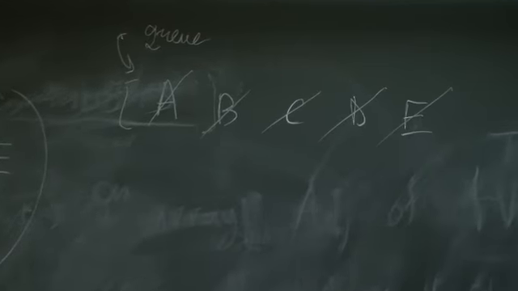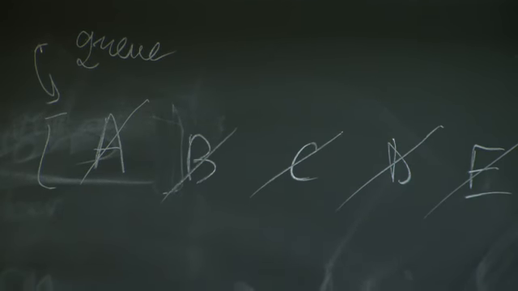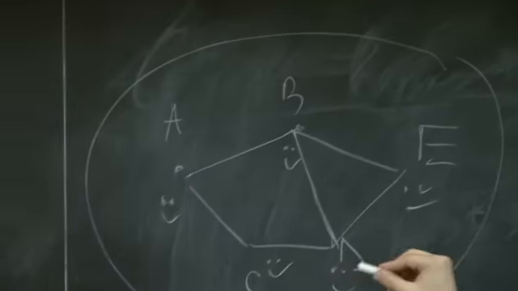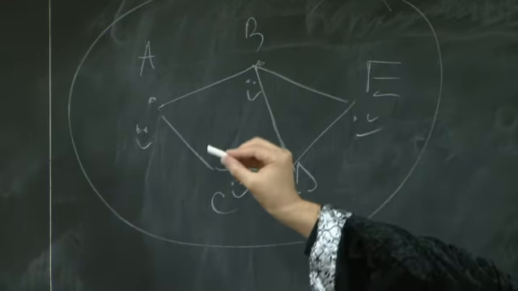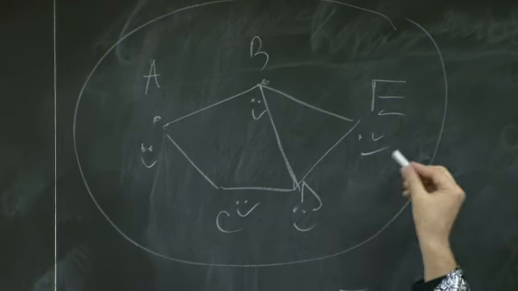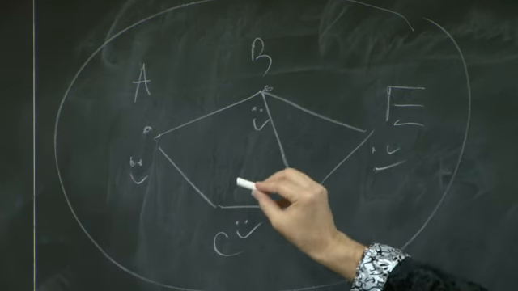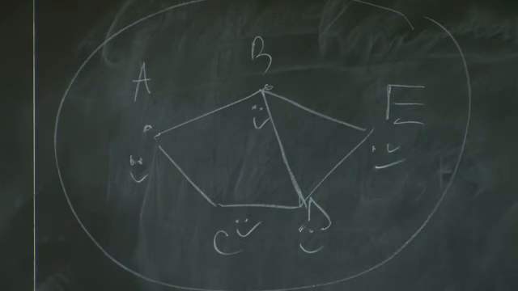But what do I want for the smiley faces? When I pull out B and see A, D, E, I want to know that I visited A and didn't visit D and E. So I want to be able to check whether I visited a node or not really fast. What data structure should I use?